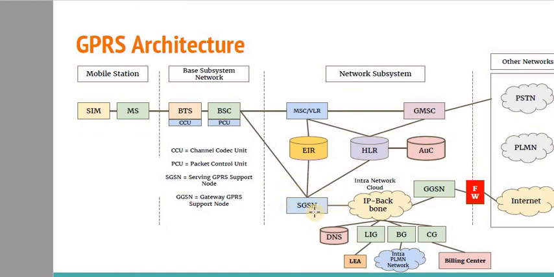SGSN is the serving GPRS support node, and here you can also see GGSN, the gateway GPRS support node. GSM does not have an IP backbone like the GPRS diagram, but GPRS has an IP backbone which provides services like DNS, LIG, border gateway, and the charging gateway also. I will discuss it in more detail in this diagram.